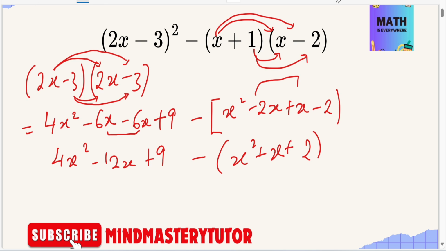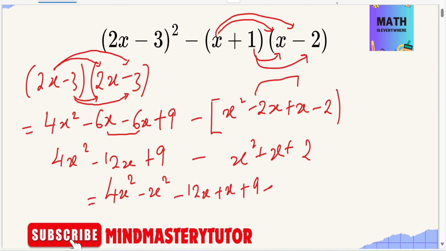Therefore, you open up the bracket, so there's no need for you to have any bracket. So after that, collect your like terms. So you collect like terms of 4x squared minus x squared minus 12x plus x, then plus 9 plus 2. So your final answer should be 3x squared minus 11x plus 11.